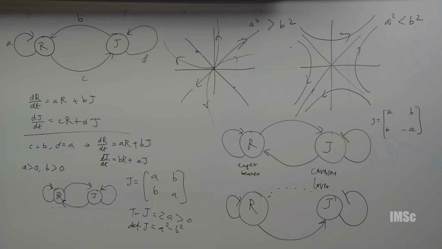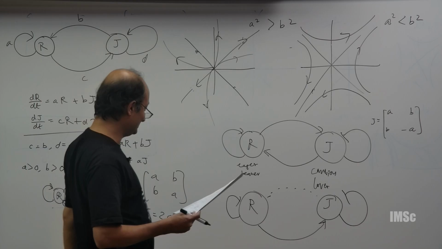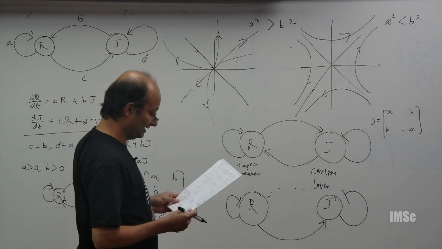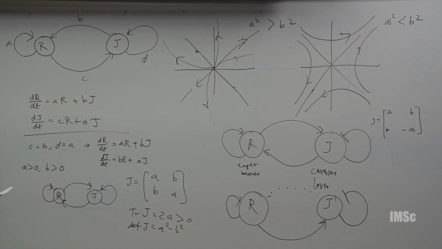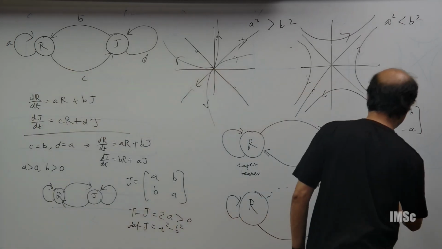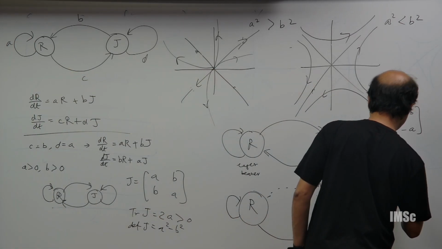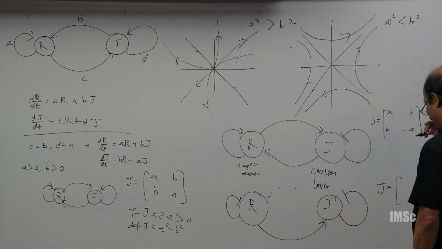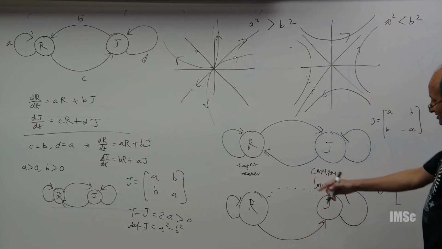So now what will happen? The matrix J is, so cautious lover, right?